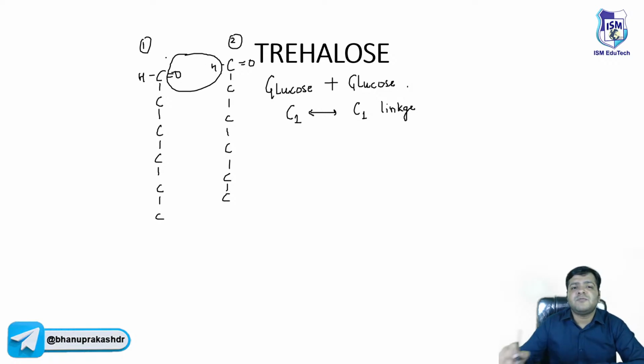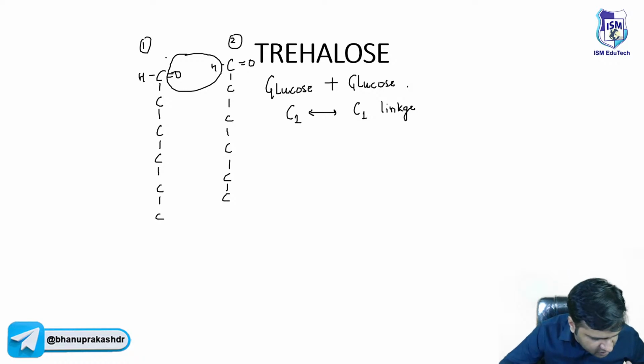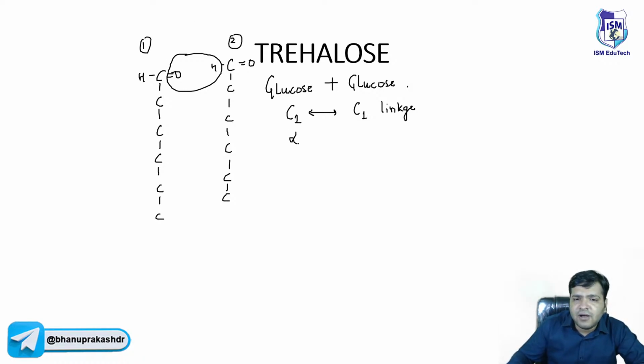So the linkage is between the first carbon of the first glucose and the first carbon of the second glucose. Will there be any functional group left behind? No. So tell me, beta, is it a reducing or a non-reducing disaccharide? Remember, it is an alpha 1 to 1 linkage.